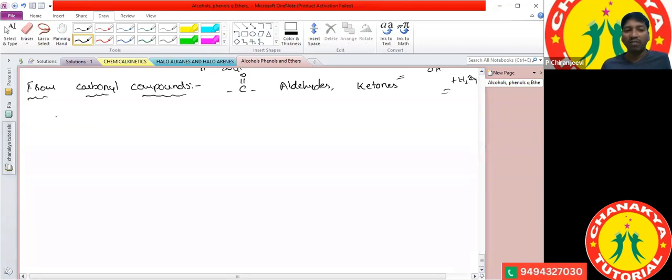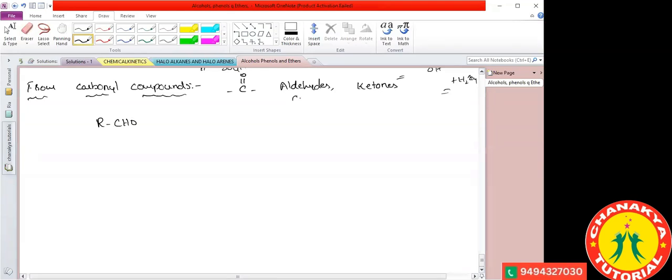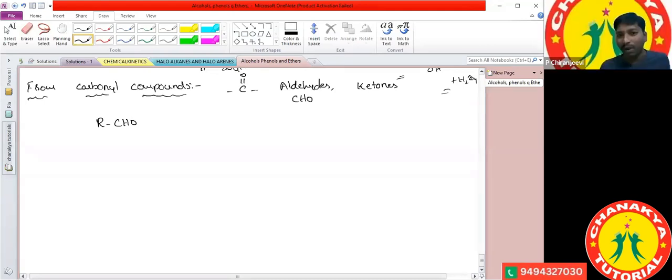So what is the general formula of the aldehydes? R bond CHO. Is it right? What is the functional group of the aldehyde? Yes, CHO. When the C double bond O group is attached with H, it converts into the aldehyde. When the C double bond O group is attached with an alkyl group, it is converted into the ketone.